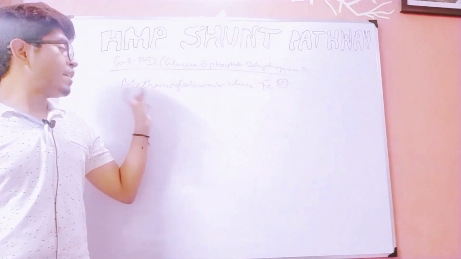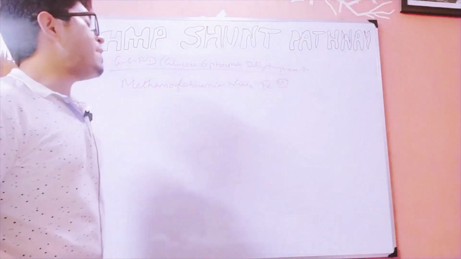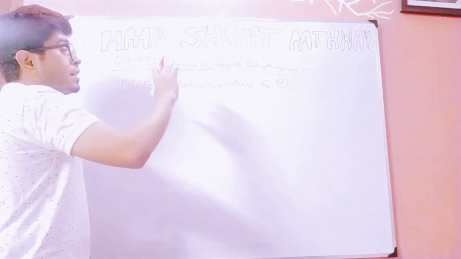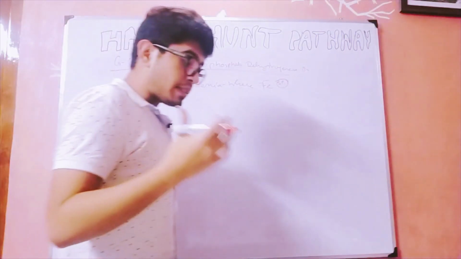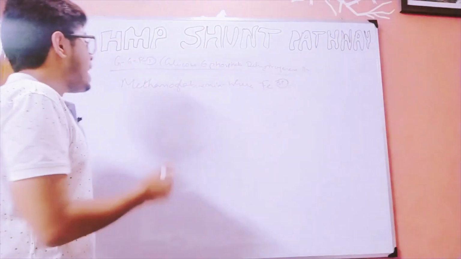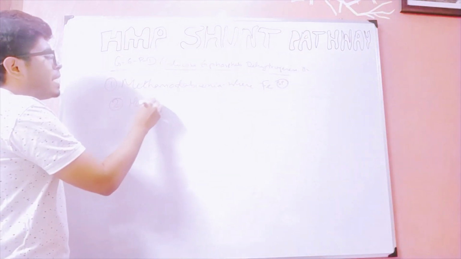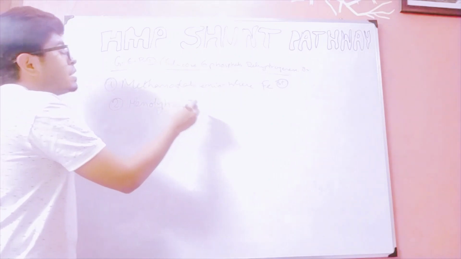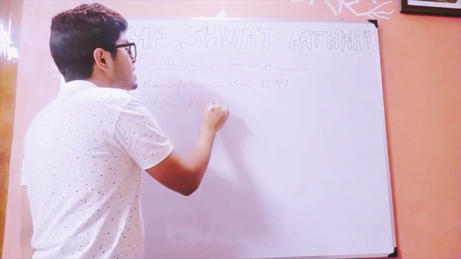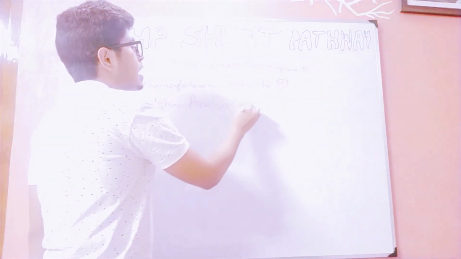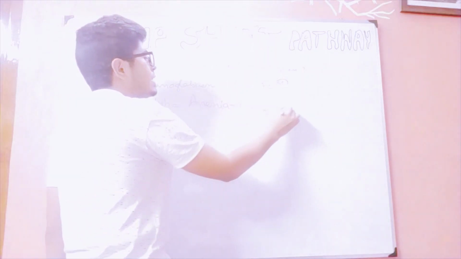The iron goes into the Fe3 plus state in the hemoglobin. And secondly, it can lead to hemolytic anemia, which is drug-induced hemolytic anemia.